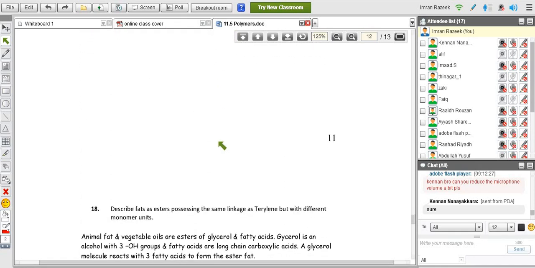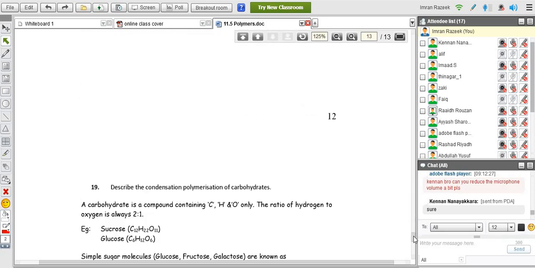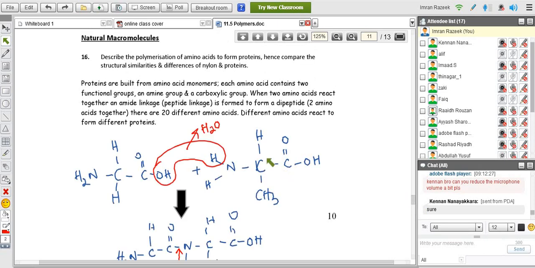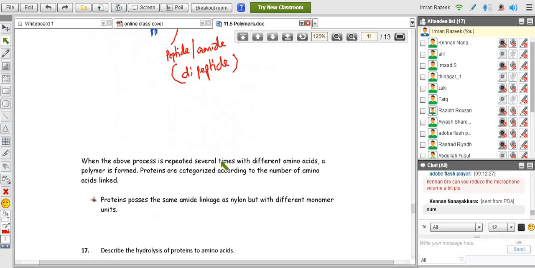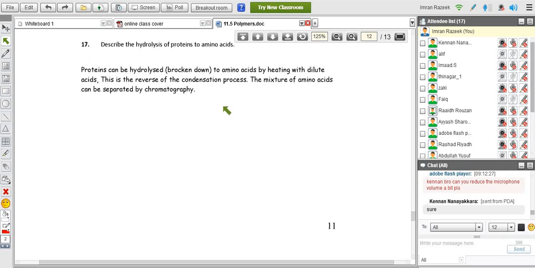So you can break down these proteins. The breaking down of protein can be done using water. Breaking down using water is known as hydrolysis. We have studied electrolysis before, which is breaking down of a substance using electricity. Likewise, breaking down a substance using water is referred to as hydrolysis.